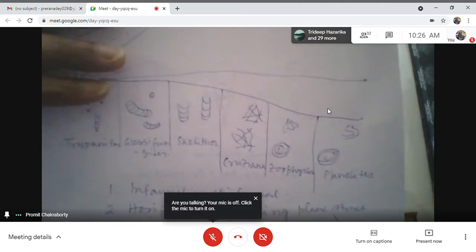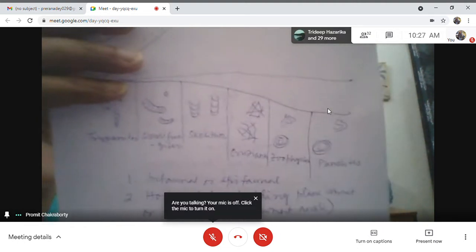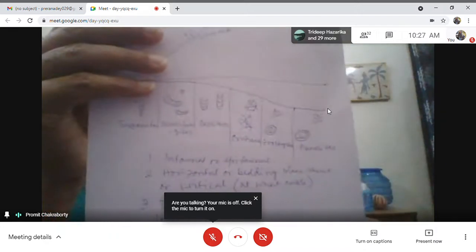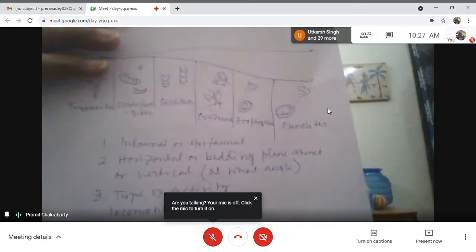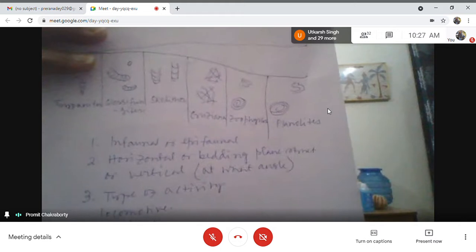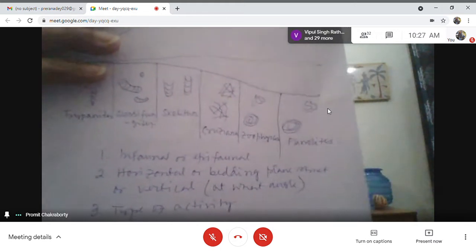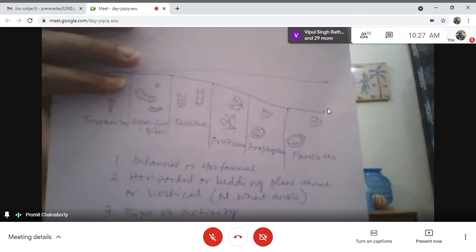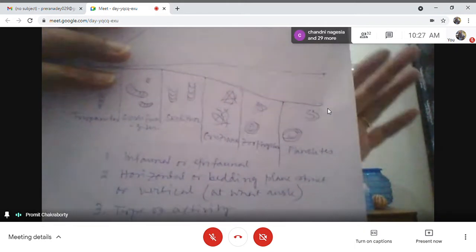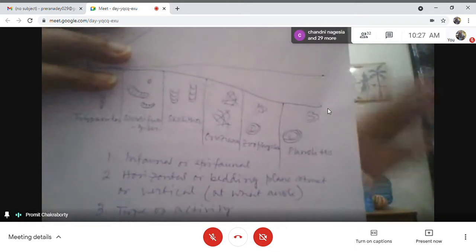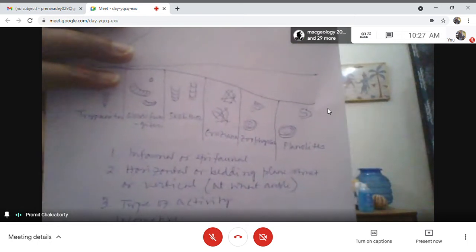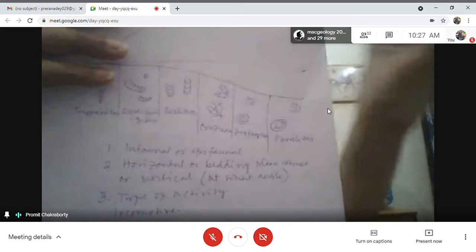Okay? And what he said is that the trace fossils we get on a land surface, not a marine surface, are the continental trace fossils, and on a woody or rocky surface they call it Scoyenia.